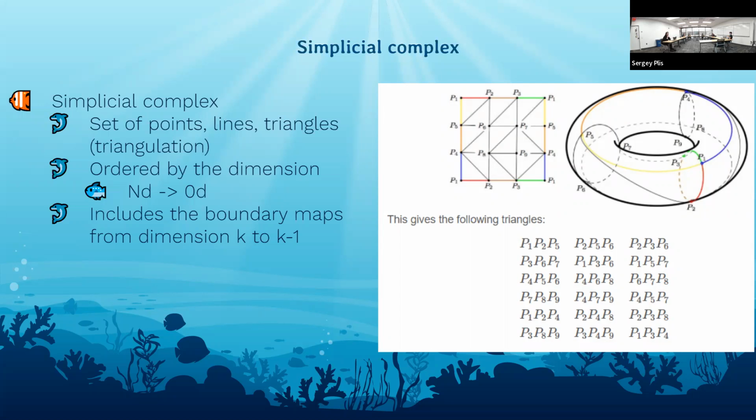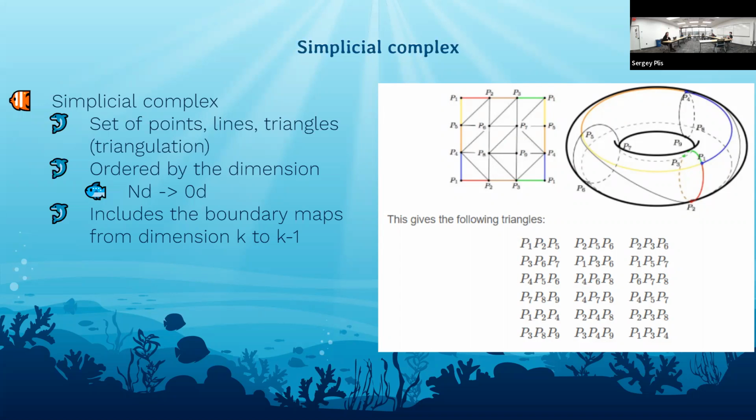So we'll take this diagram. The 0 dimension is all of the vertices. In this torus, I don't know if you guys can see it very well, there are 9 points covering the object. Those are our 0th dimensional simplices.